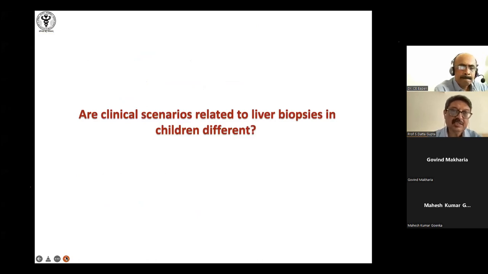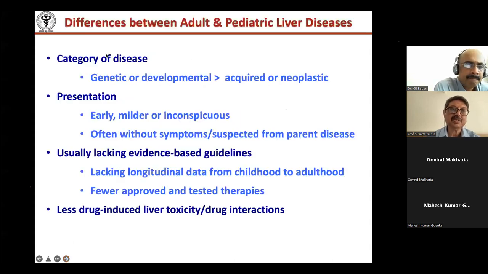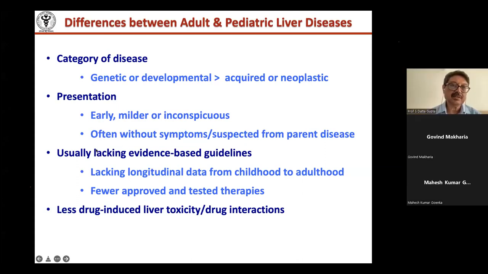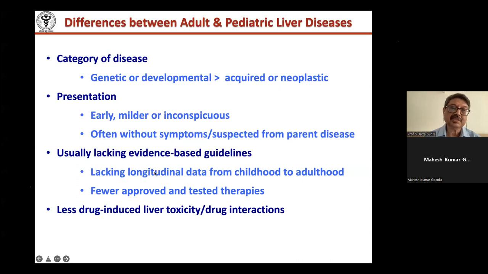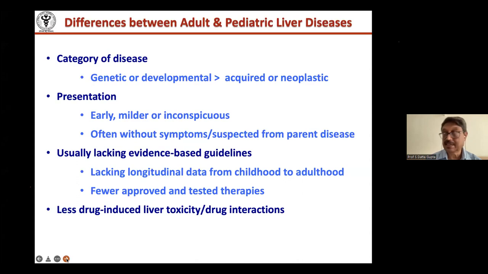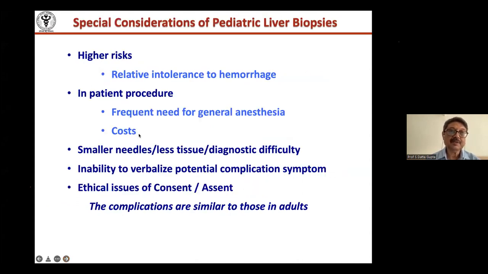So you have to always remember that in adults and in children, some of the clinical scenarios are different, especially in children where you have a sizable number of genetic or developmental diseases. And of course, there are many diseases which lack evidence-based guidelines in children, and that is why, unlike in adults, they cannot proceed without a liver biopsy.